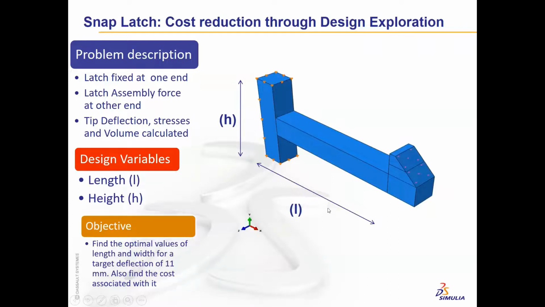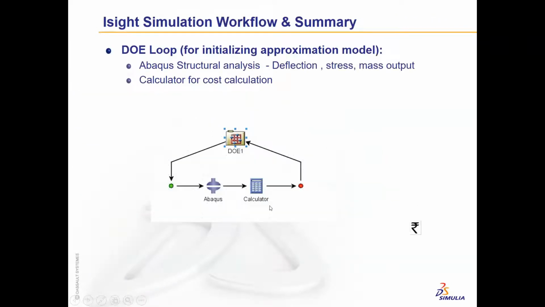At the same time, we want to see what the cost or what the mass is when the deflection should be exactly 11 mm. At this point, we want to understand what the cost is coming out to.